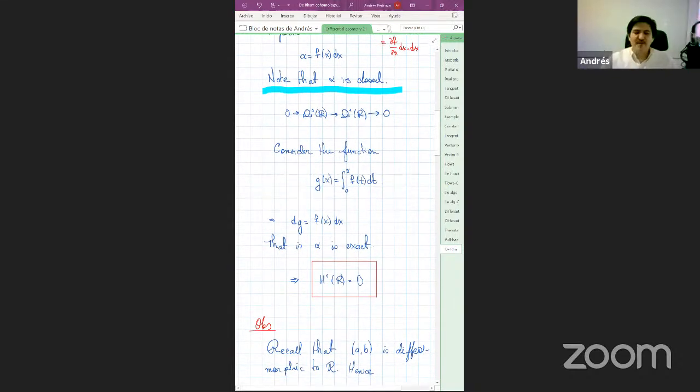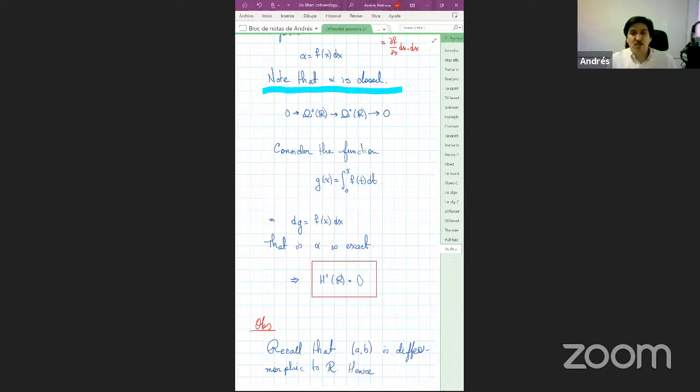Now remember that any open interval is diffeomorphic to the reals. We saw this at the beginning of the course, and I think even you mentioned which function we can use to show that this is diffeomorphic to this.